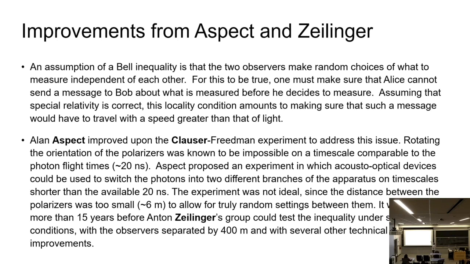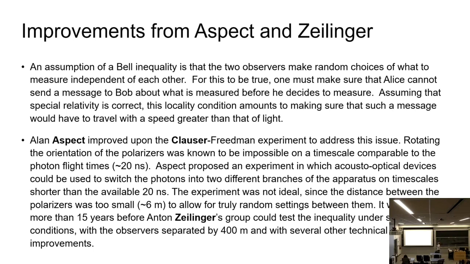The difference in the photon flight times was about 20 nanoseconds. If you could get the information there in 20 nanoseconds, that wouldn't be good in Bell's eyes. So Aspect proposed an experiment where an acousto-optical device would be used to switch the photons into two different branches of the apparatus on a time scale shorter than 20 nanoseconds.